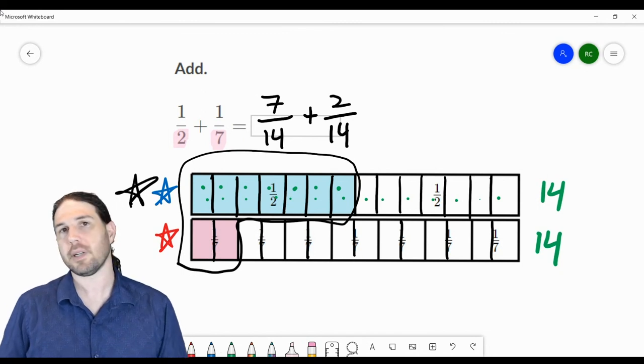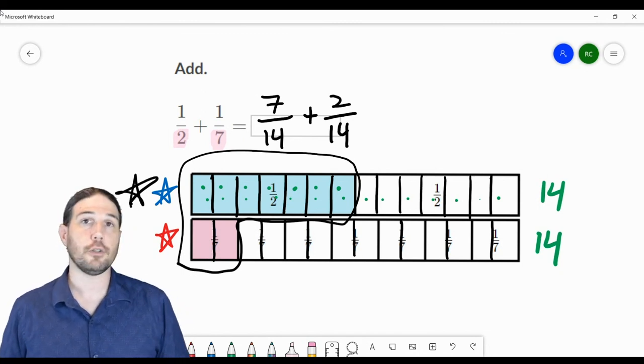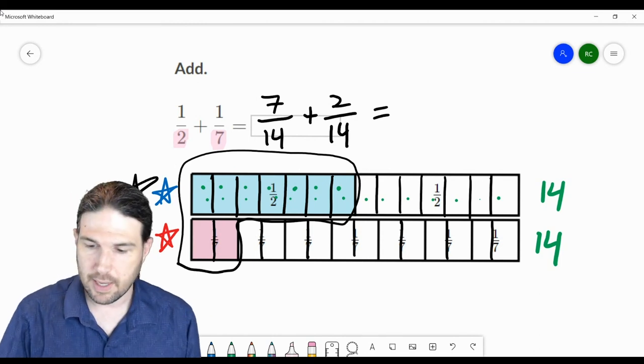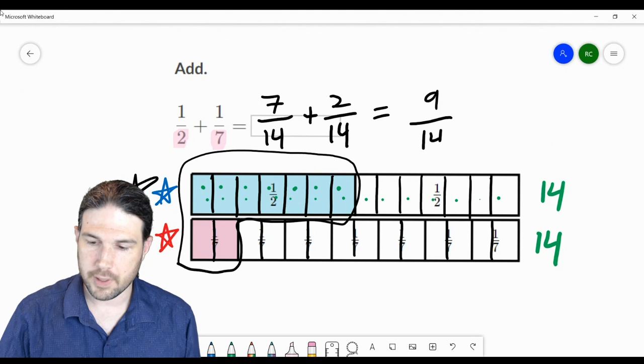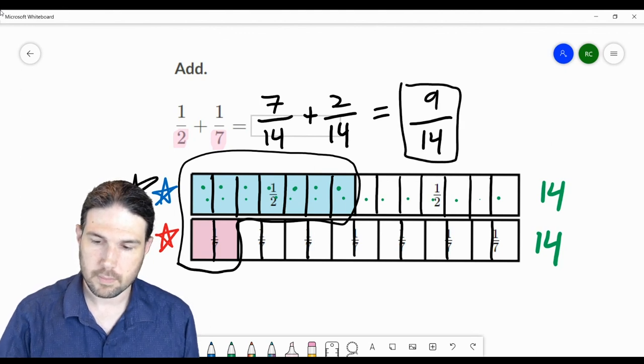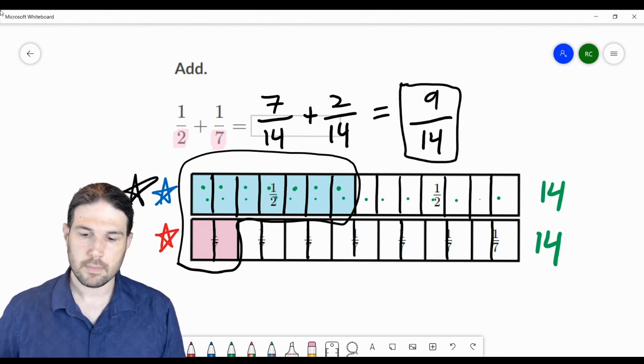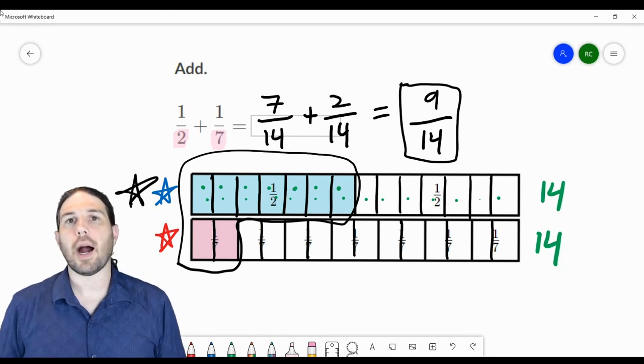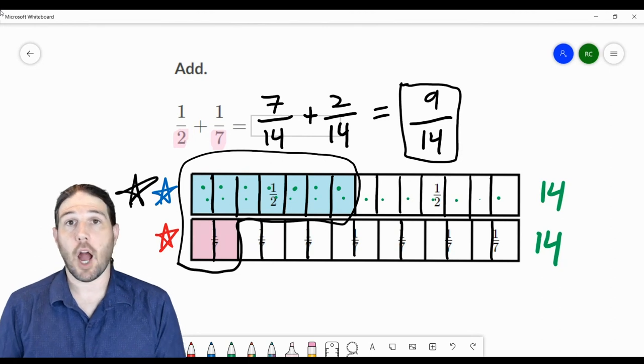I have 7/14 in the top cake. I have 2/14 in the bottom cake. If I add up all of those 14ths, I have 9/14. And that is why you need to find the common denominator.